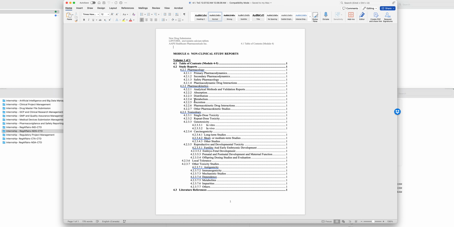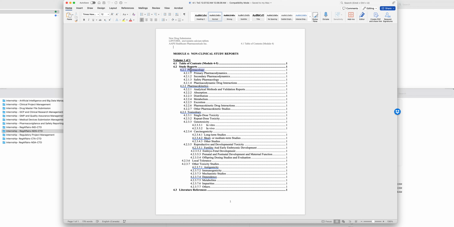For example, when you are in module 4, submodule 2, submodule 1, we are looking into the pharmacology. So we will have to prepare information about the studies that we have done in animals, in different animal models as well, related to the pharmacology.